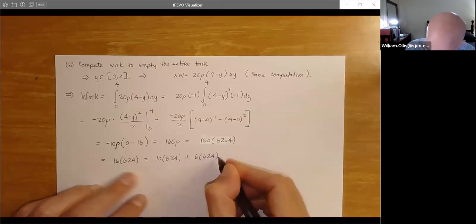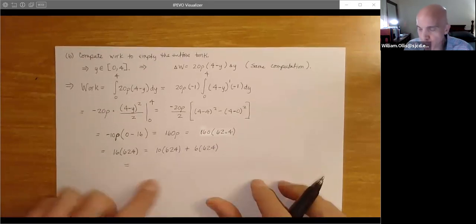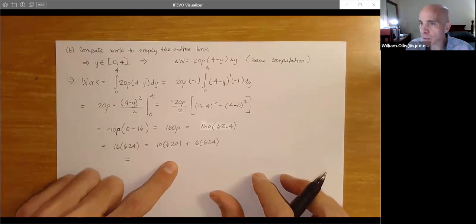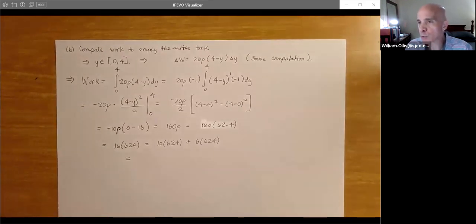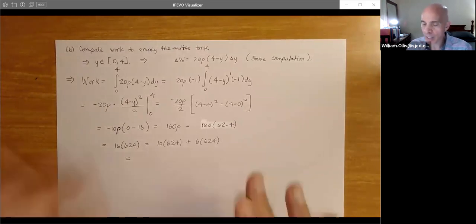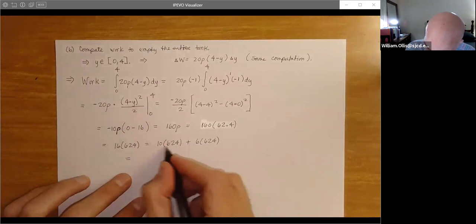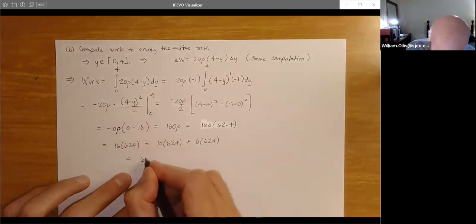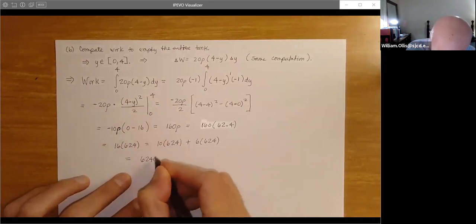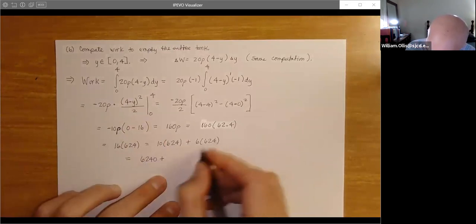Of course, we don't go forwards to go backwards. This is backwards factorization. When we use algebra to compute numbers, we're usually going in the opposite direction. So you have to kind of force yourself not to go backwards once you've moved the calculation to a better level. So now, of course, here we just add a 0. So we have 6,240. And here we can easily multiply this.